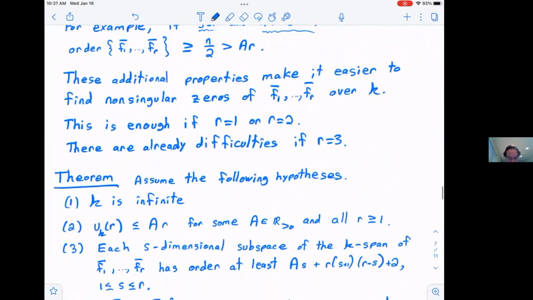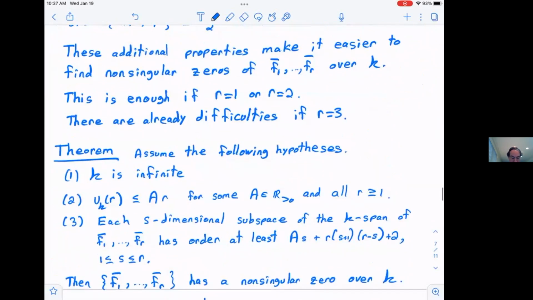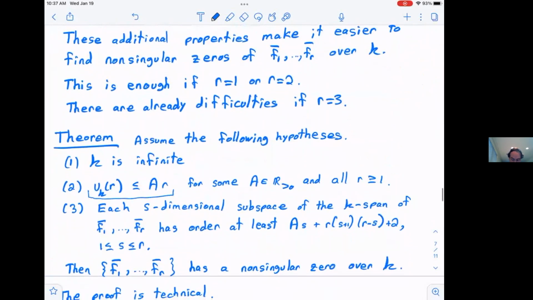Assume the following hypotheses. Assume that the residue field K is infinite. Assume that we have linear growth of the U invariant for systems of R quadratic forms in the residue field. So we are always assuming that.